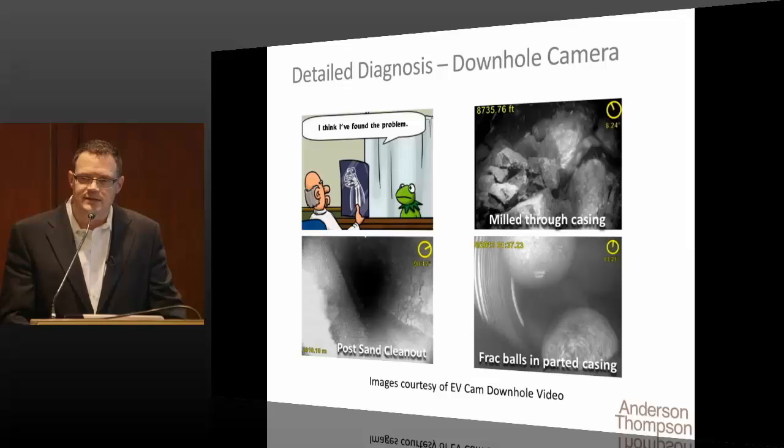But if we see this in the RTA, if you diagnose a number of candidates where this is a problem, that would be your candidate list that you might want to go back and maybe run a camera, diagnose the issue, because this is low-hanging fruit if we can do a clean out to solve a problem or do a very cost-effective workover.